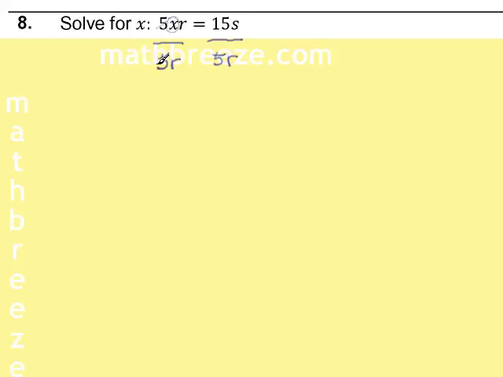The 5's cancel, and the r's cancel, and we're left with x isolated on the left-hand side. So we have x is equal to 15s divided by 5r. Notice that we can reduce this a little bit. We can divide top and bottom by 5. So let's write x is equal to 3s divided by r.